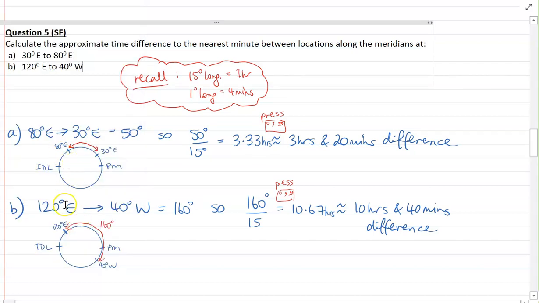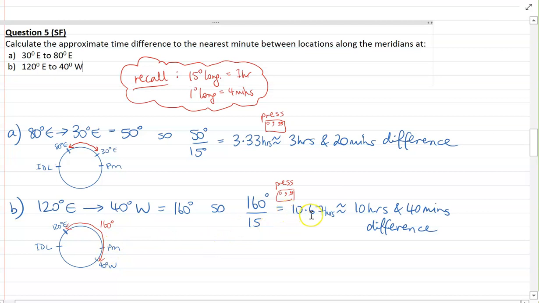For part B, we've got a little bit more of a complicated scenario here. From the prime meridian, we're going 120 degrees east and then 40 degrees west. So in total, the angular distance between them is 160 degrees.